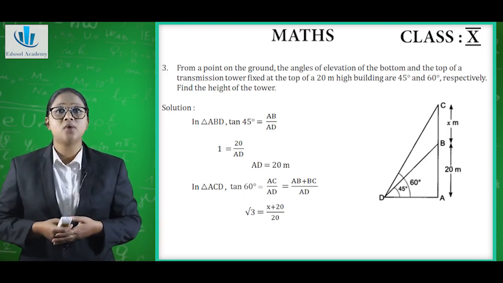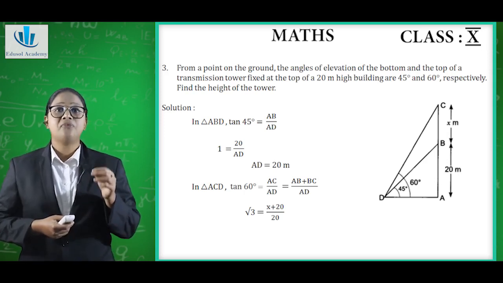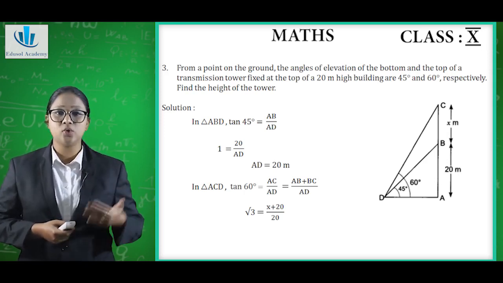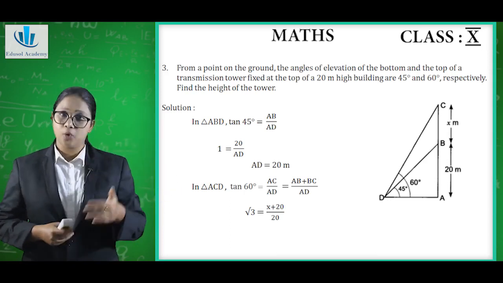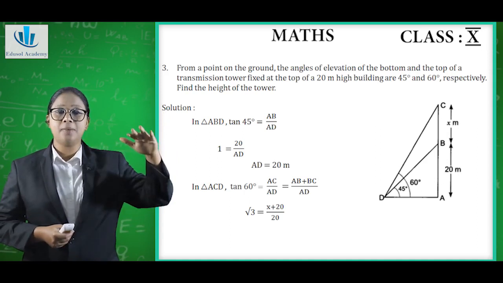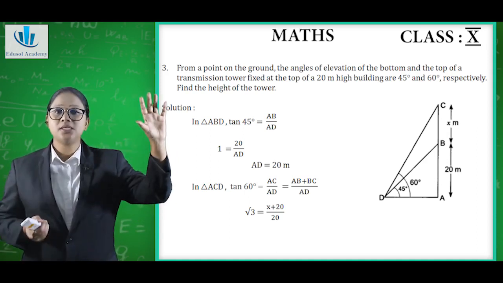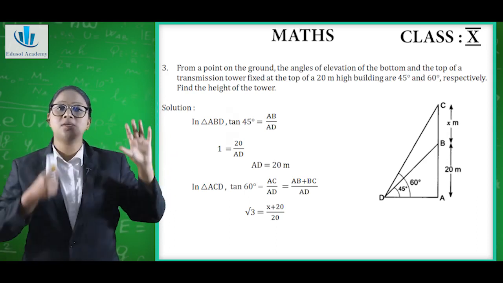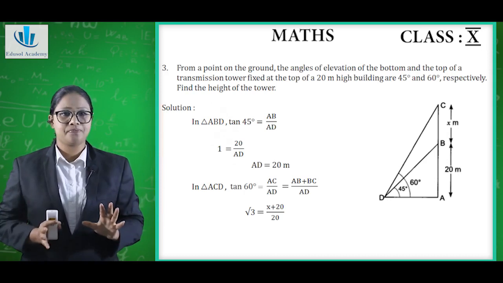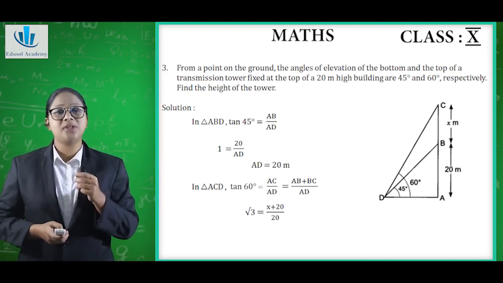So the angles of elevation of bottom and top of a tower fixed at top of a building. So there is a building and the tower is on top of the building. I hope that's clear. There is a 20-meter tall building and the tower is being kept above the building, and the person at this point on the ground is looking at top as well as bottom of the tower, not the building. Okay, so we are supposed to find the height of the tower.